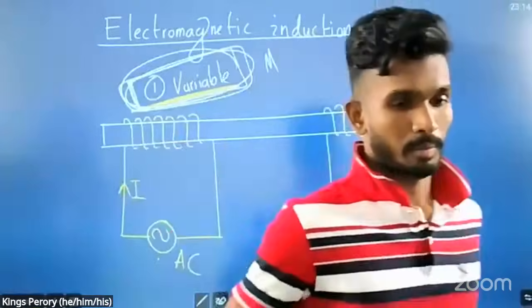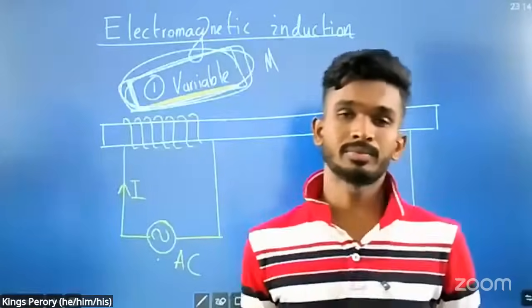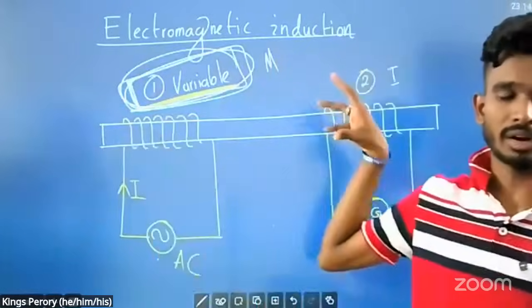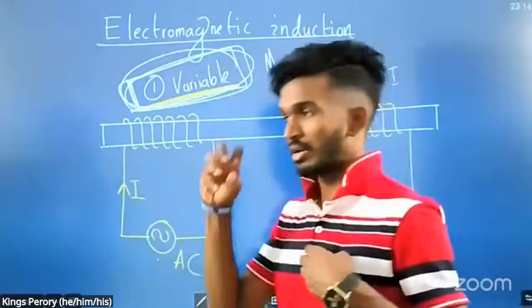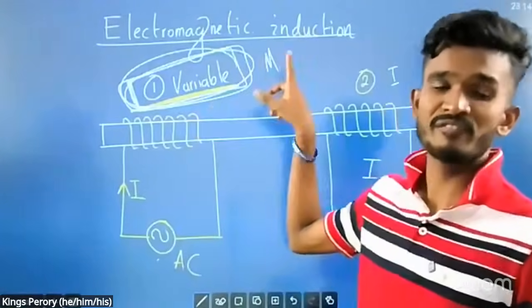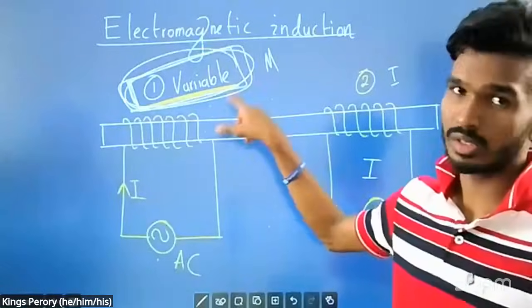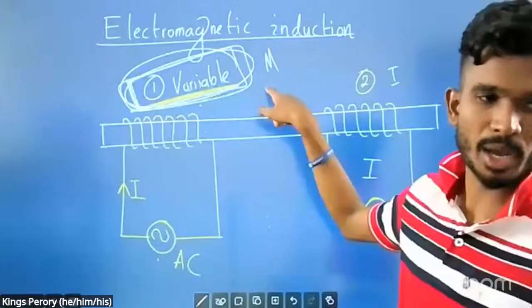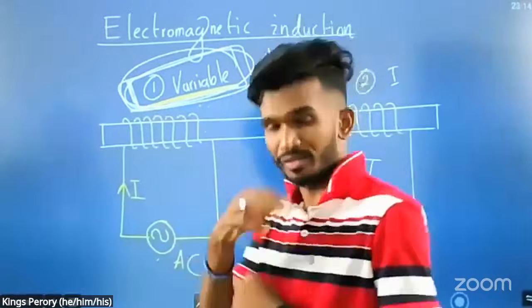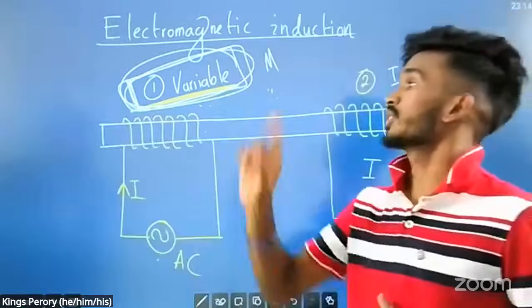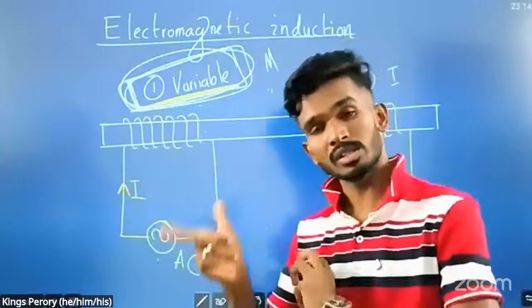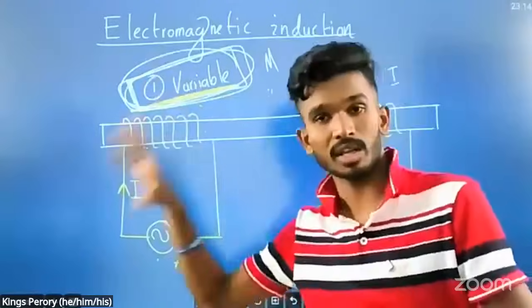Second, listen, this is electromagnetic induction. When there is a magnetic field on one side, there will be a current induced on the other side. But for that current to be induced, the magnetic field here should be a variable magnetic field, not a constant magnetic field. For the field to change here, I should send a variable current.